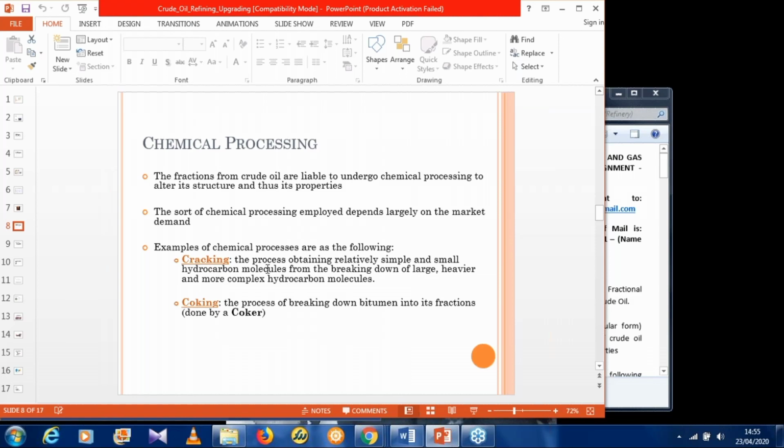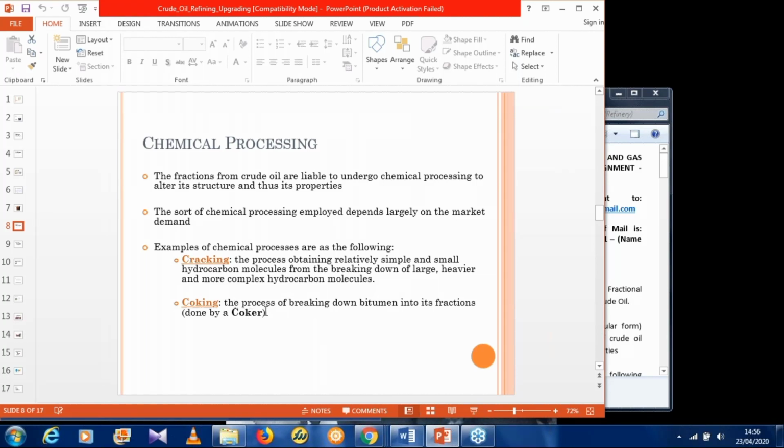So when there are smaller molecules in demand in the market, you can break down those heavier products to form smaller components or lighter products which are in higher demand in the market.